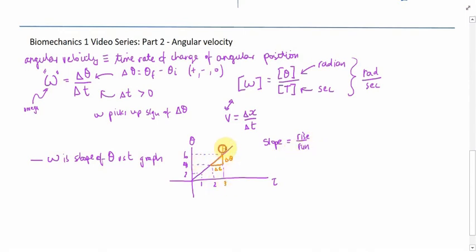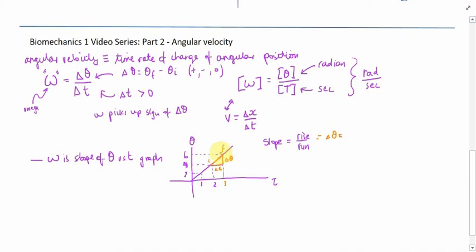My change in theta is equal to some final position minus some initial position.